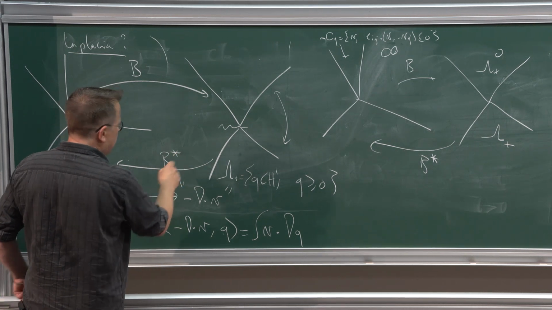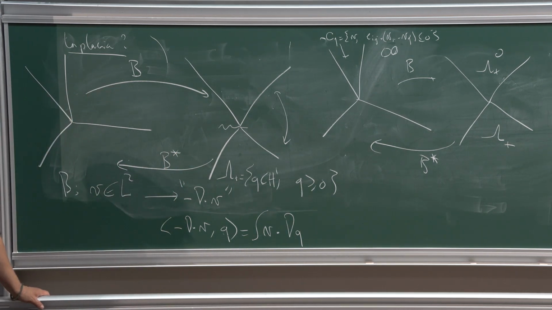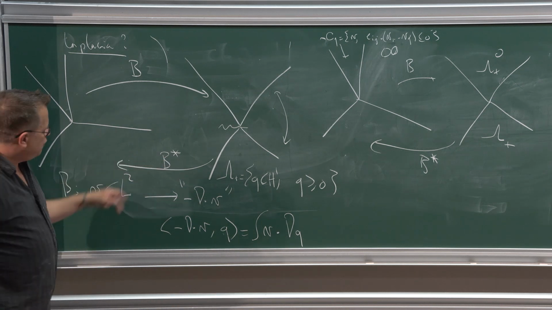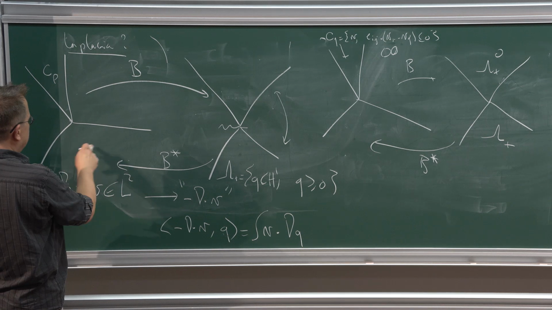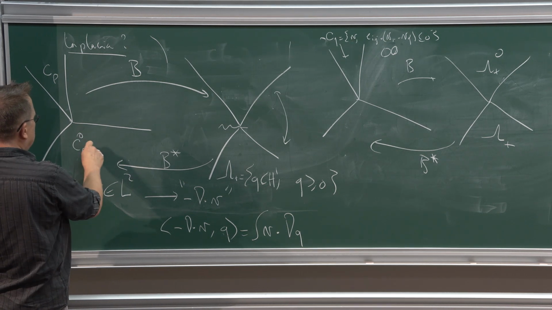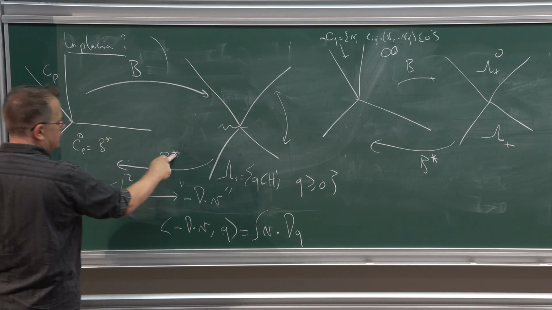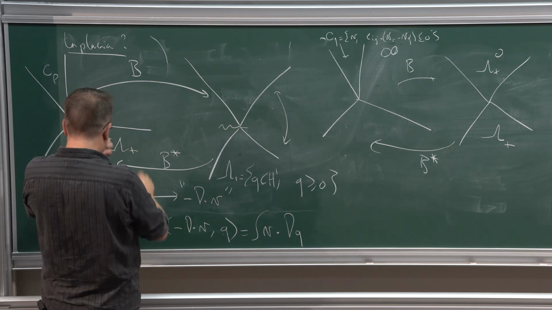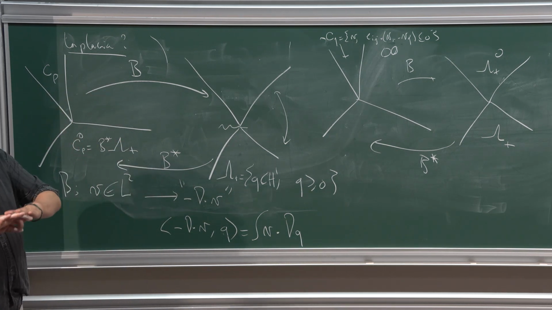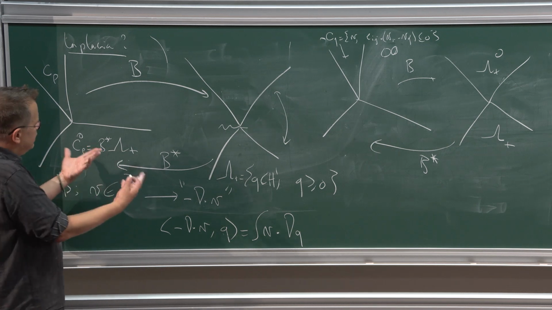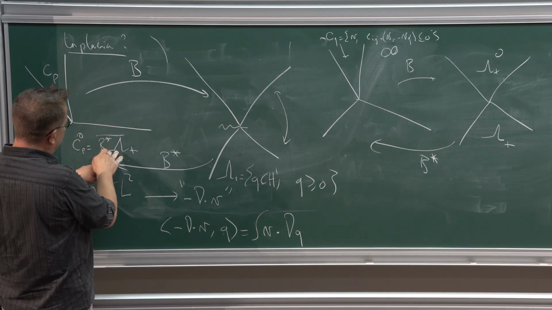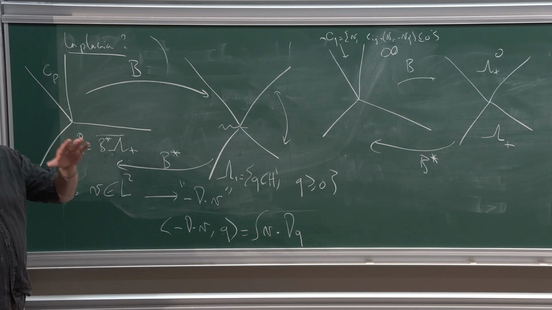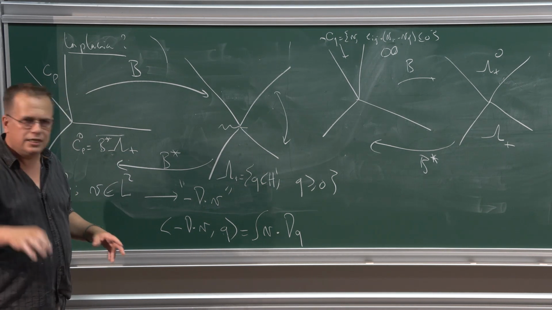Let me just tell you that even in the infinite dimensional space, we have the fact that the polar cone to 0 is equal to B star of lambda plus. That's not so obvious because what is easy to prove is that the closure of this cone is here, and you have to prove that this is closed. But it's not so difficult for those who are familiar with that.